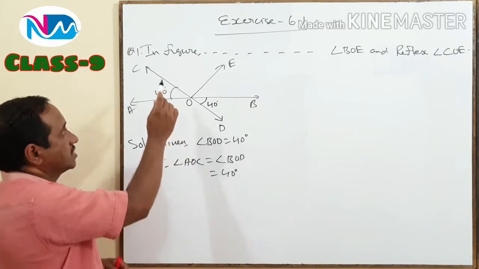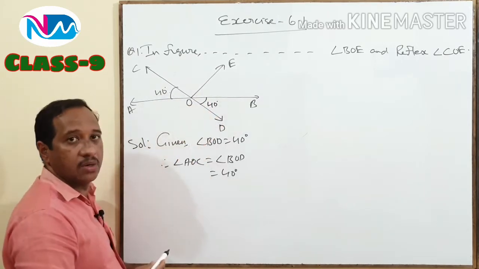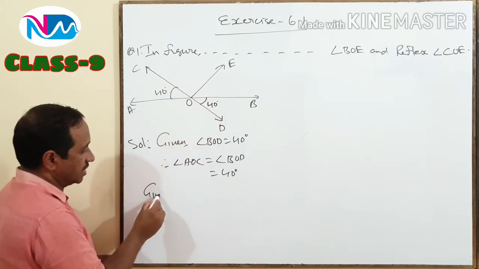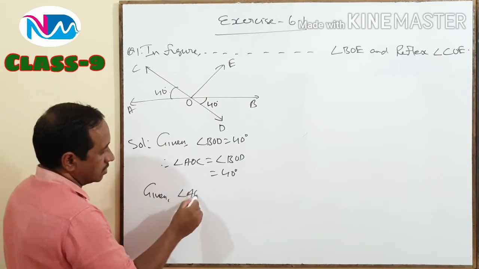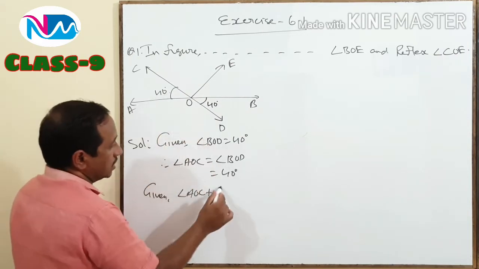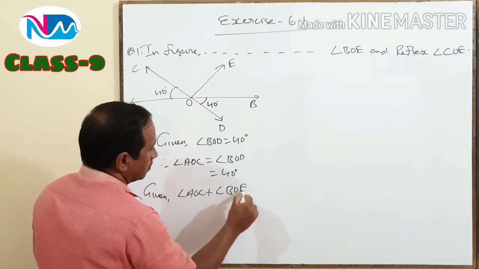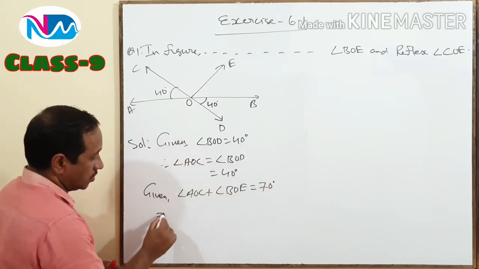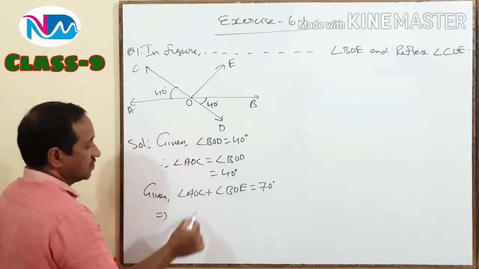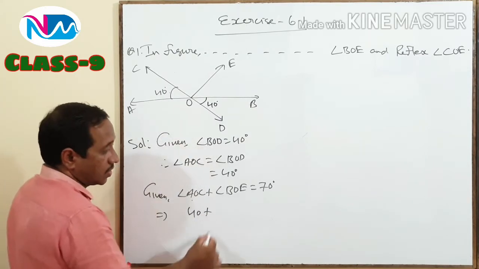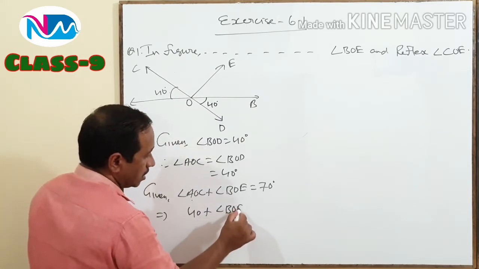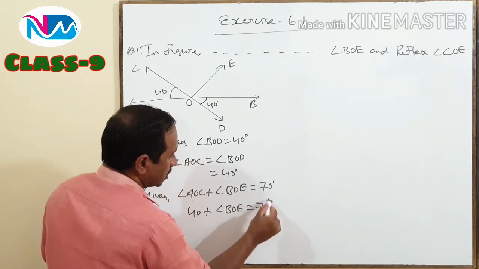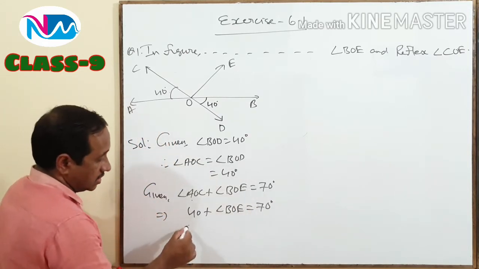Now it is given that angle AOC plus angle BOE is equal to 70 degree. Here we can replace angle AOC with the 40. So 40 plus angle BOE is equal to 70 degree.